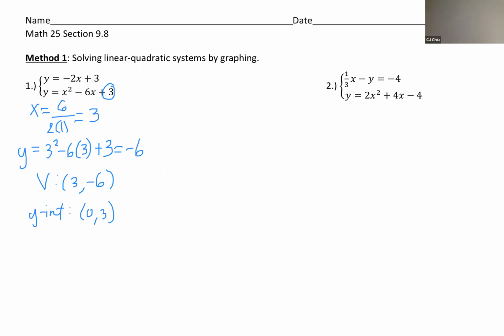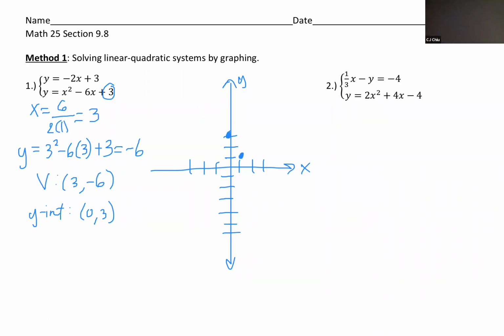So then you can graph whichever one you want first. Let's graph the line first. So up 3, and then down 2 over 1 for the slope. So there's our line, okay?